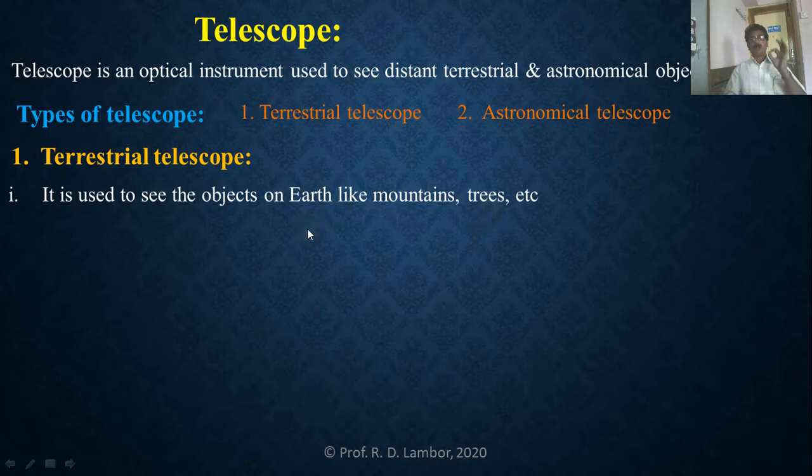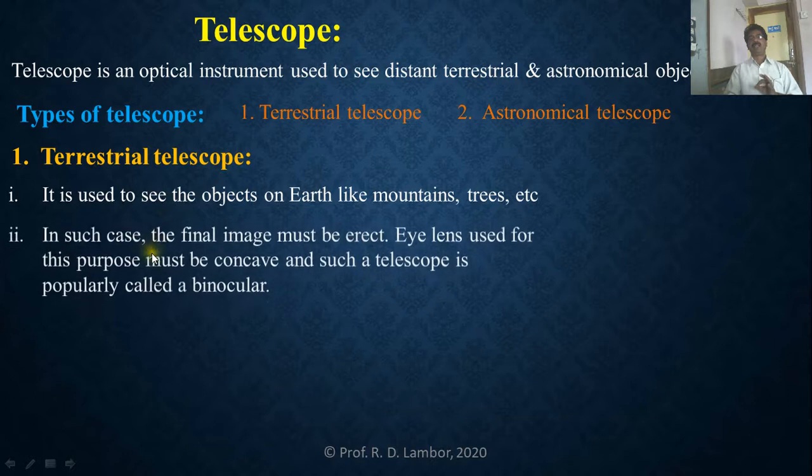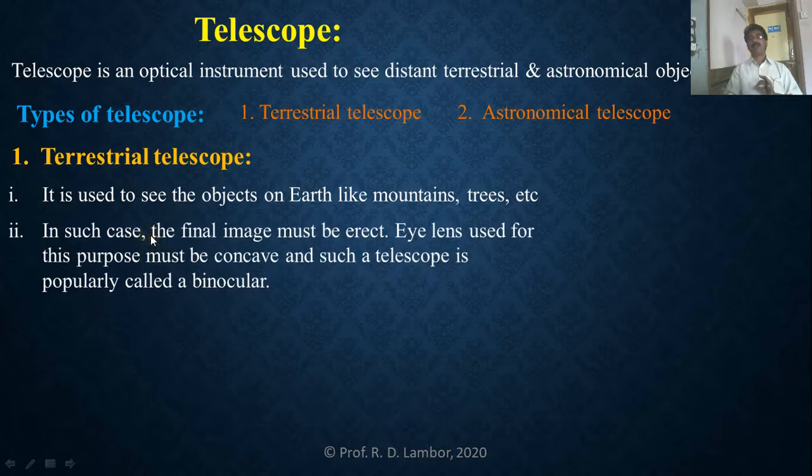So it is used to see distant objects on earth surface like mountains, trees. In order to see that object on the earth surface, the final image produced by this telescope should be erect. In such cases, when we are observing objects on earth surface, the final image must be erect.